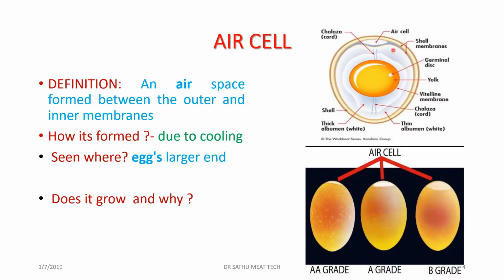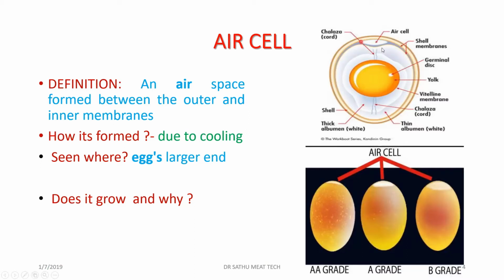And the inner liquids will start contracting due to the cooling effect, because the surrounding temperature is less, so the content will start cooling. And we know that the rate of cooling will be faster inside compared to the shell because the shell is thick.